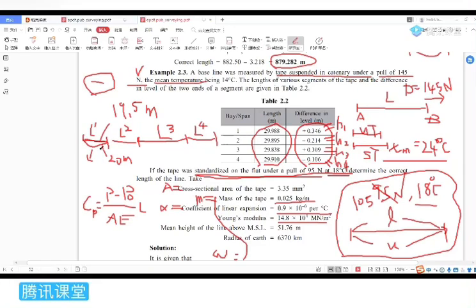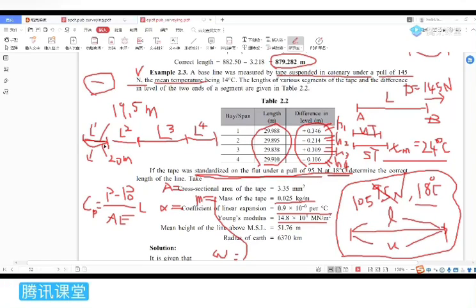So this sag will elongate the nominal distance, making it larger than the real distance. The real distance is over here, or you can call it the standardized distance, if you think about having a standardized tape. So this real distance is shorter.